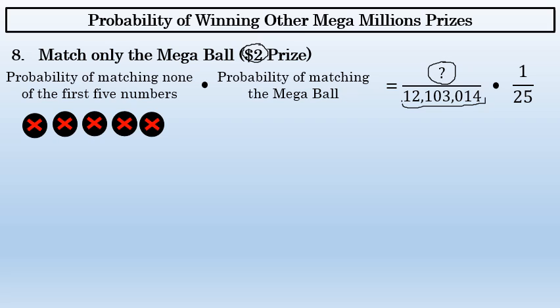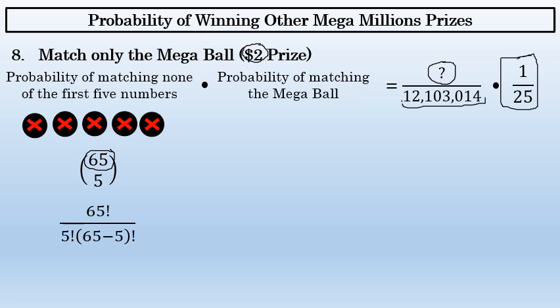We'll multiply that by the 1 in 25 probability of matching the mega ball. Well, out of those 70 numbers that are drawn in the first 5, 65 of those are losers. We want to pick 5 out of those 65 as a combination. That's 8,259,888. That's how many ways that after drawing 5 numbers, none of them match.